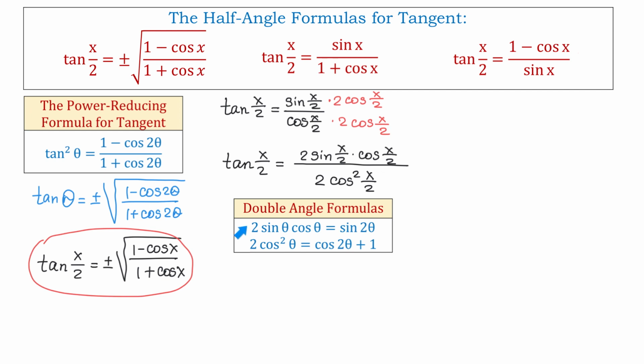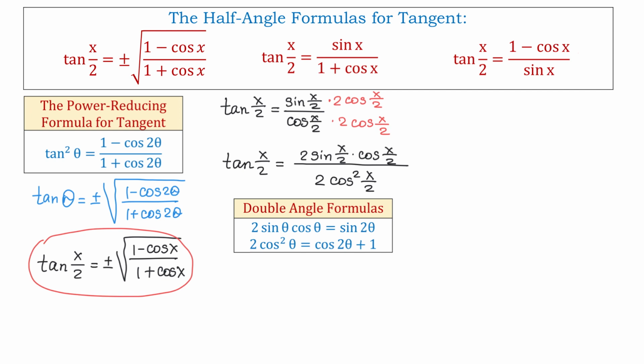So in this formula, whatever angle is on the left side, this angle has to double on the right side. In our numerator, we have 2 sine of x over 2 cosine of x over 2. If we apply this formula, then this expression becomes sine of 2 times x over 2, which is sine of x.